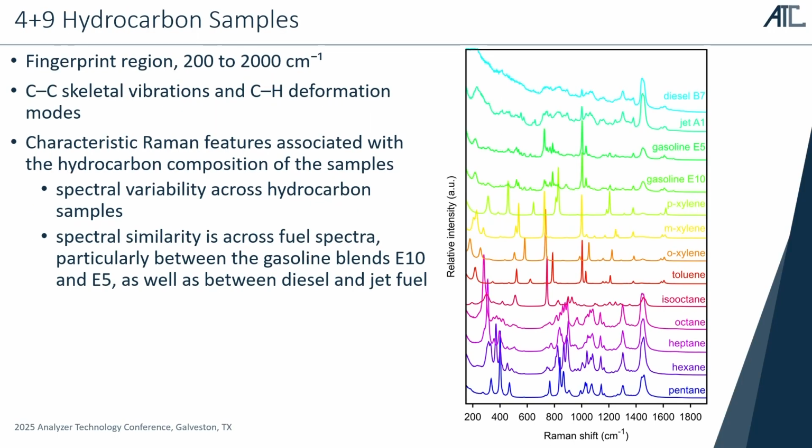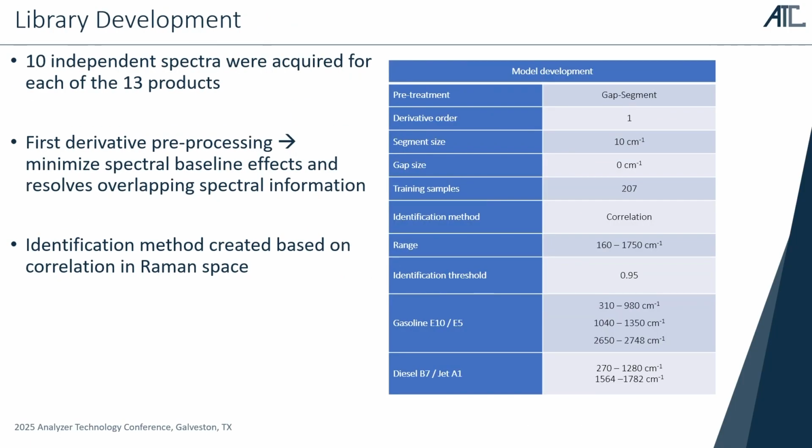Since 4 is probably not very impressive, we just added 9 other hydrocarbon samples like xylenes, toluene, isocyanate, octane, heptane, hexane, pentane into this library. Did the same thing, scanned, next slide, sent in 10 independent samples per product, applied data pretreatment, which again is very commonly used in spectroscopy just to get rid of baseline shifts, fluorescence.